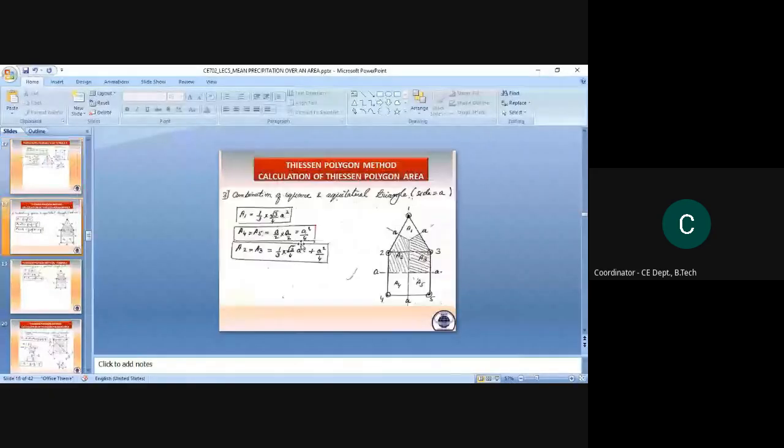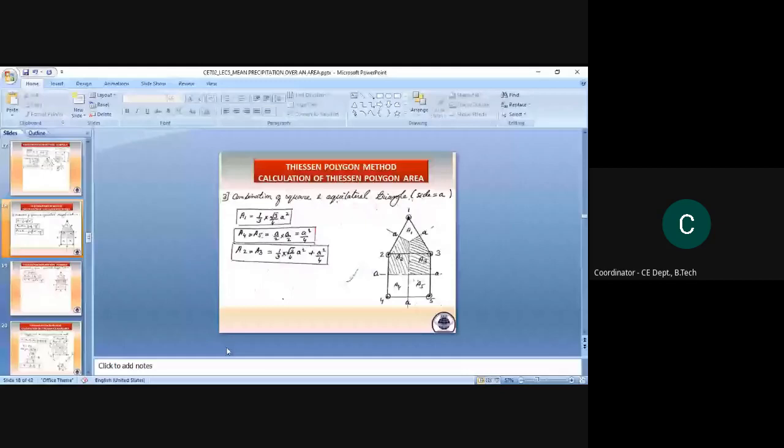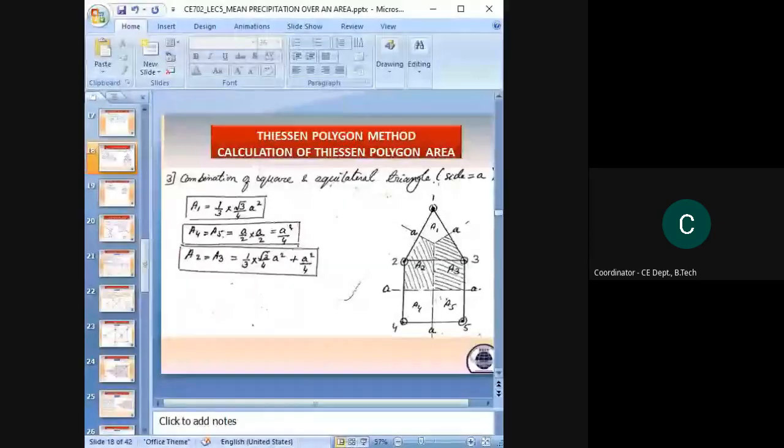Okay, wait. Let me use another pen. Can you see the pen marking and all like this? No, ma'am.